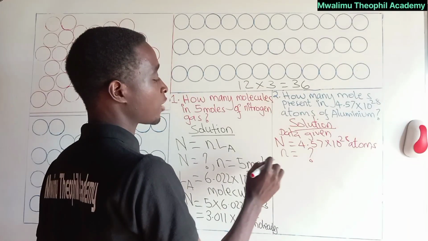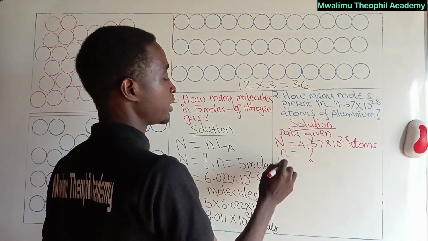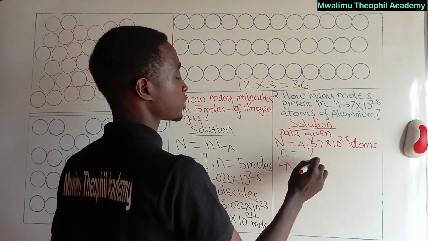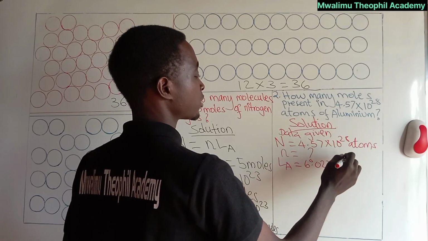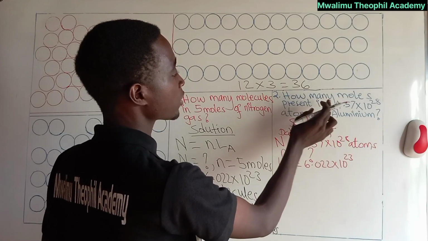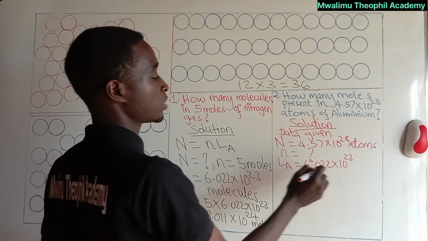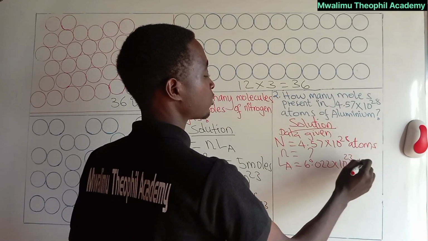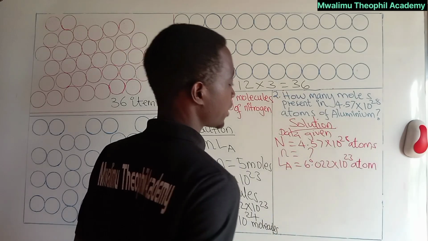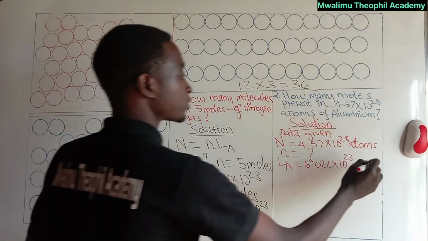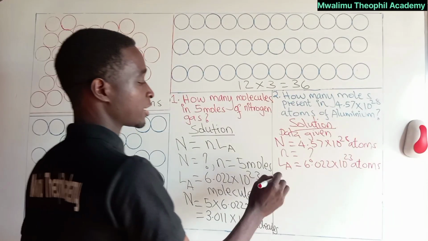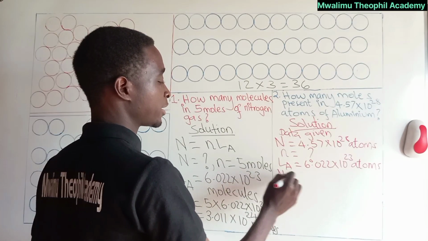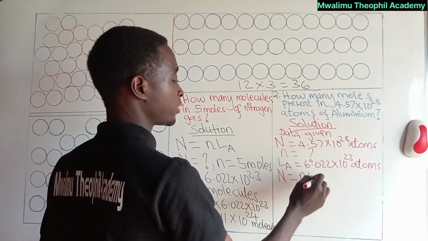But we know Avogadro's constant, which is N_A, is equal to 6.022 times 10 raised to 23. Now we are dealing with atoms, so it will be atoms, the number of atoms in 1 mole of aluminium. From our formula, we have said that capital N is equal to small n times N_A.